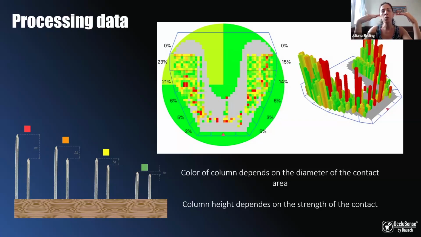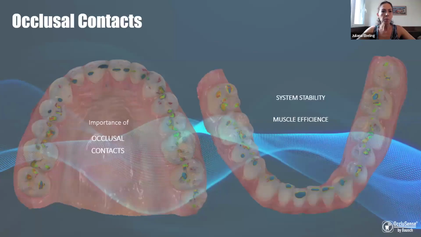Starting from this reference, we can understand what is happening in a real occlusion, because normally we don't receive a patient with an ideal occlusion. Rather, we receive patients who are looking for a balance, so we have to keep in mind what an ideal design is, to reach it with our treatment.